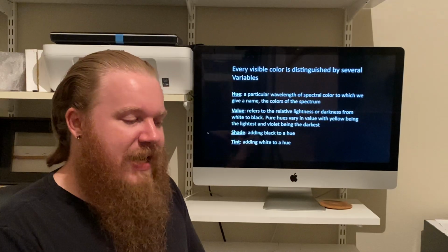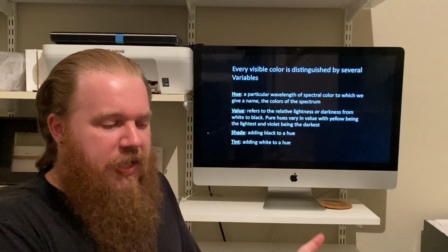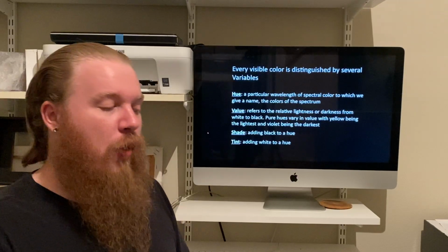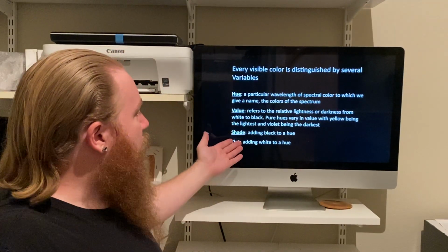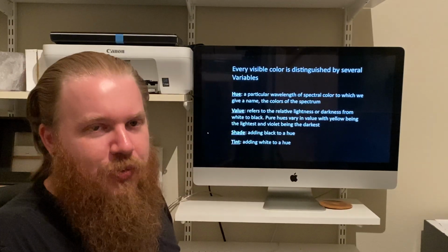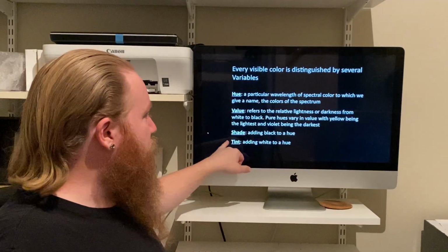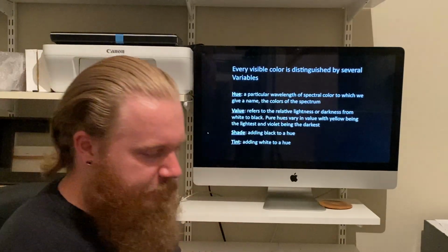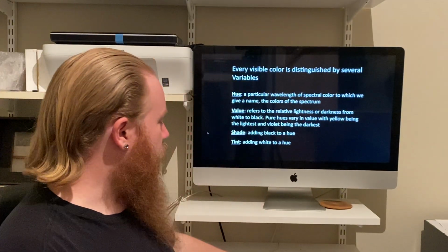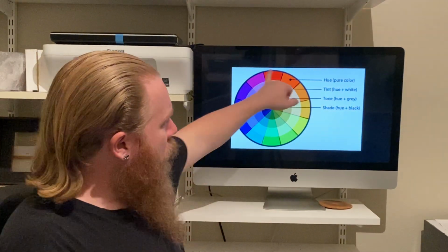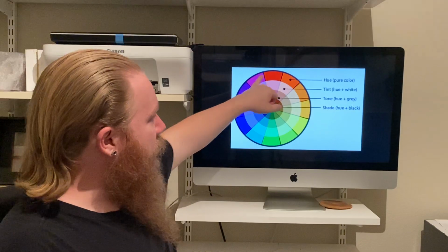But if we then add other things to them, we can also increase the value range of a color as well. So if we shade a color or a hue, we would be adding black to a hue. So adding black to a hue gives us a shade, and adding white to a hue gives us a tint. So if we look at this diagram, we can see our local color or our pure hue here on the outside.